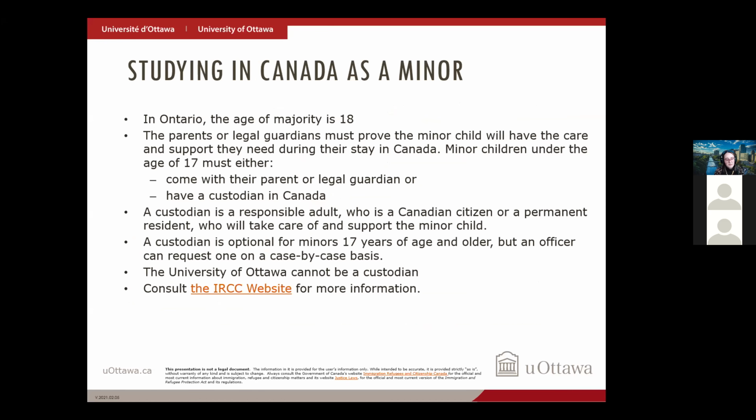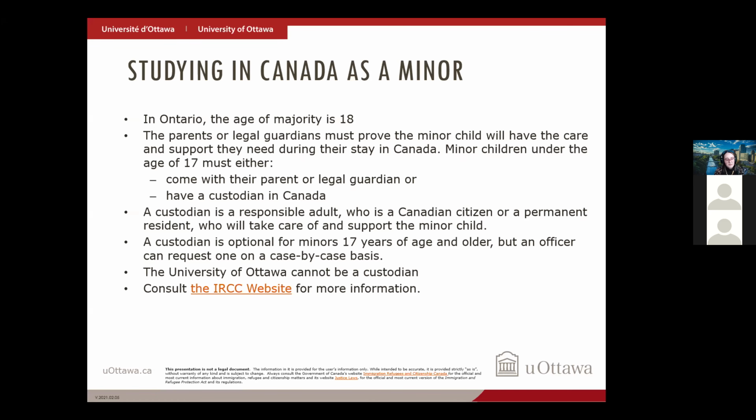I did want to talk a little bit more about what I mean by a minor, though. In Ontario, which is where the University of Ottawa is located, the age of majority is 18. So if you are under 18, this means that you are considered a minor in Ontario. Your parents or legal guardians have to prove that if you're a minor child, you'll have the care and support that you need during your stay in Canada.